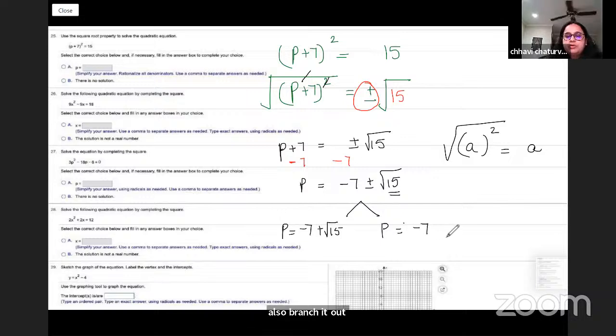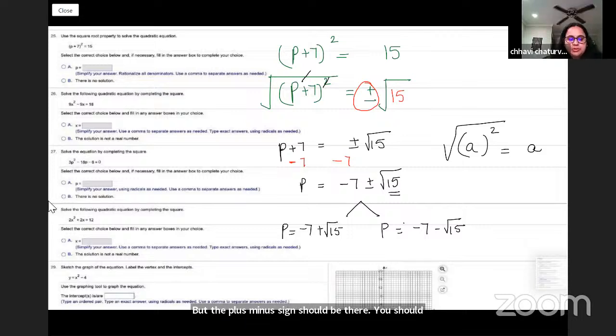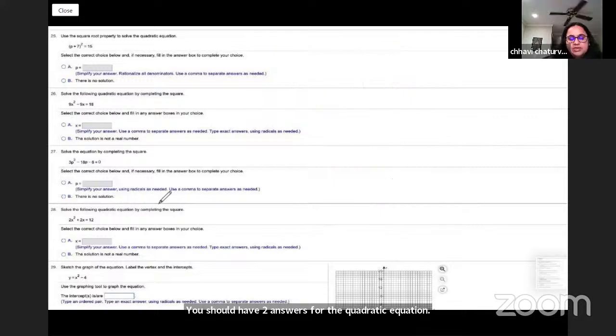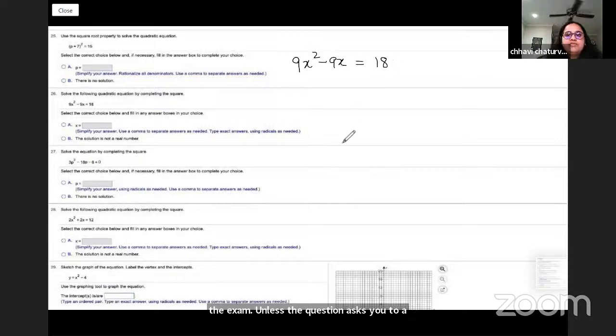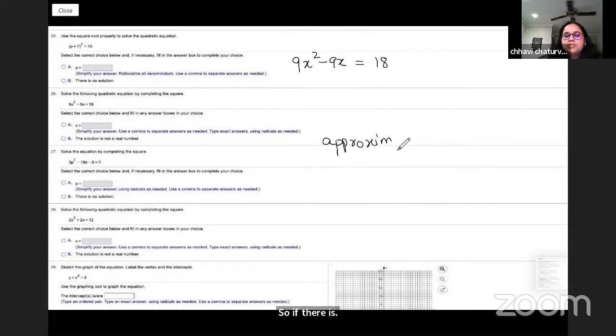You will not lose a point for forgetting to branch out, but the plus minus sign should be there. You should have 2 answers for the quadratic equation. You will not require to approximate the square roots on the exam unless the question asks you to approximate. So if there is no such word as approximate, you do not have to do it.